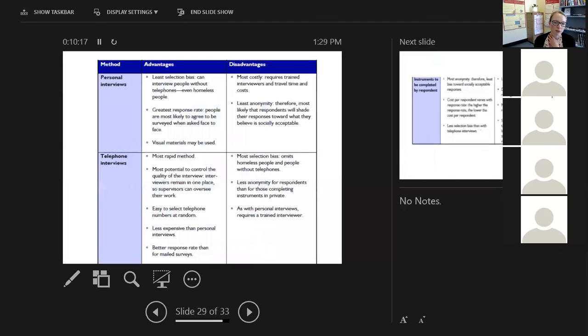So obviously with all these different data collection methods and methodologies, there are pros and cons of them all. Looking at and acknowledging the advantages and disadvantages of these is important in the interpretation of your results and the dissemination of your results. We'll talk about that a little more in a minute, but personal interviews can come back to a little bit of selection bias.